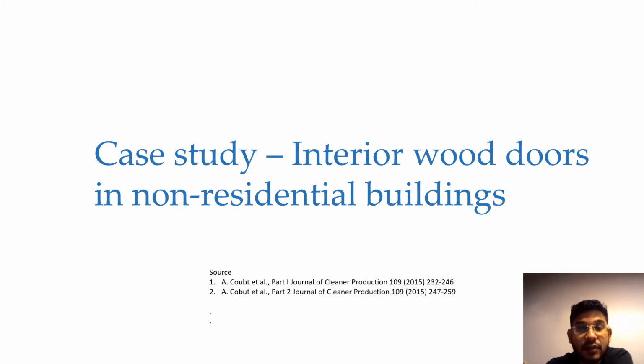It is about interior wooden doors in non-residential buildings in Canada. Such a boring topic, I will also agree. But what I'm more interested in is not the doors, of course, but how you can apply these concepts to the improvement of this particular product.